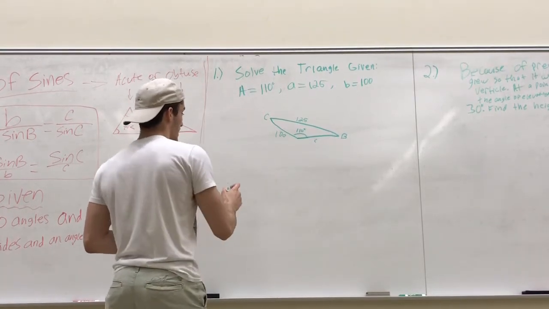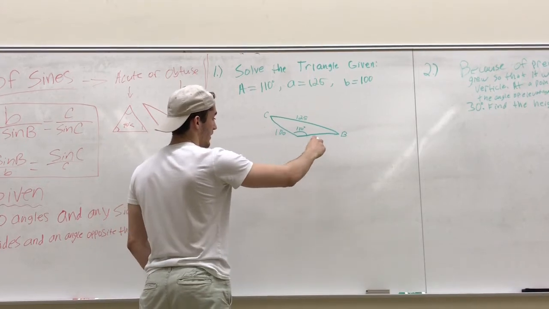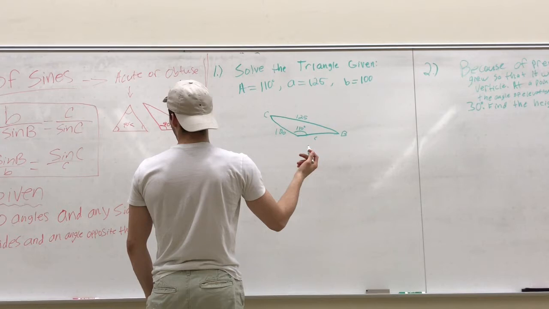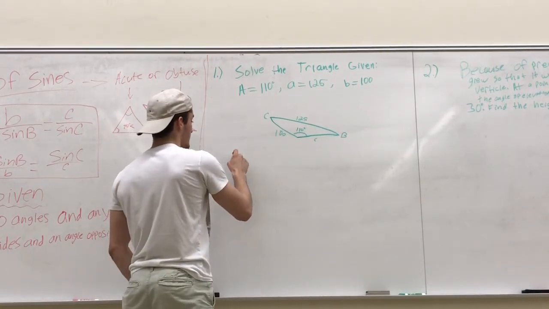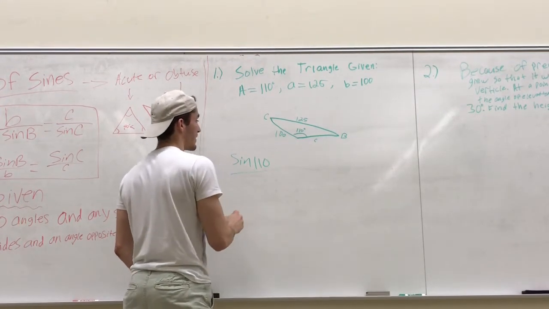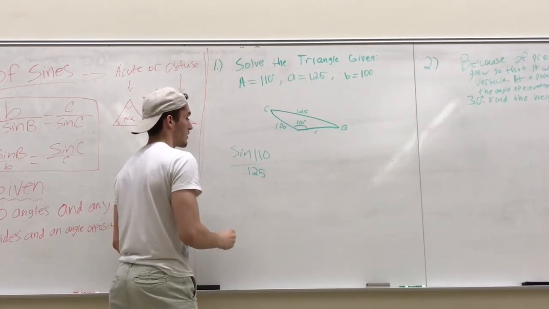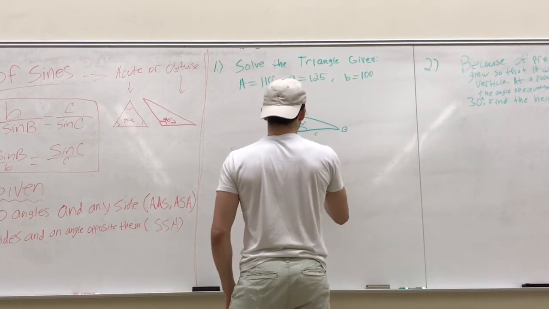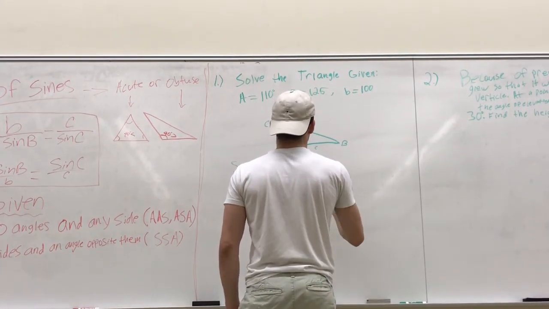So to start off, you're trying to solve for the angle, so you're going to want the angle to be on the bottom, which would be the easiest way to do it. So you'd have sine 110 degrees divided by 125 equals sine of B over 100.